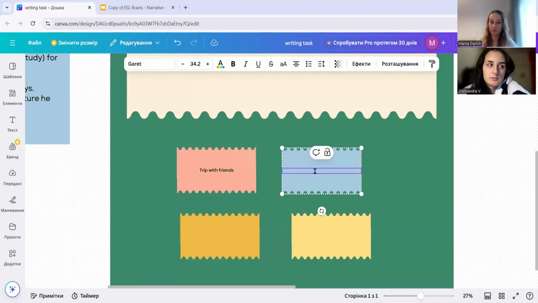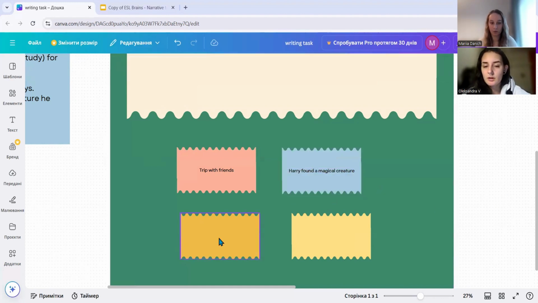Some story about they found the magical new things. You mean like Harry found creatures? Yes, yes. Okay, so Harry found a magical creature. Okay. What else could be?